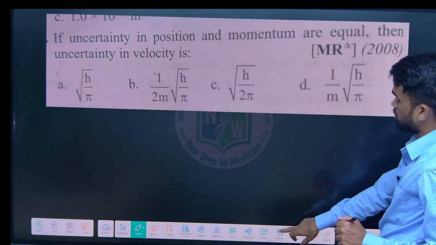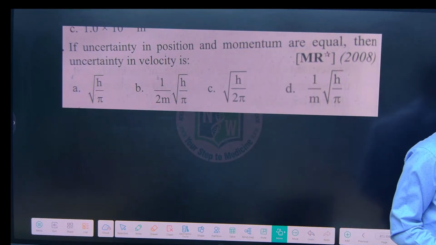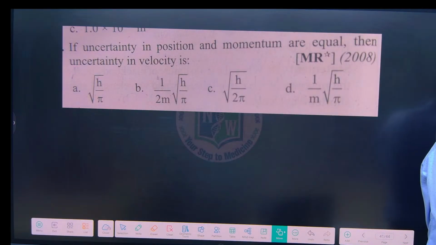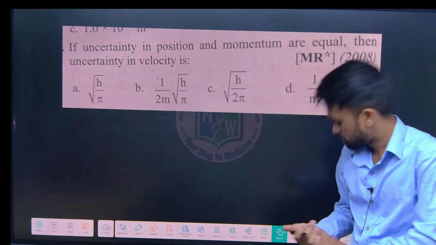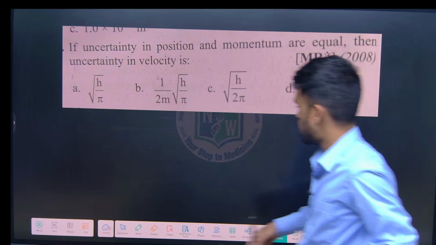This one. From where it is, tell me? Yes. Delta x into delta p is equal to h by 4 pi. If the uncertainty in the position and momentum are equal, then what is the uncertainty in the velocity? How do we do this?